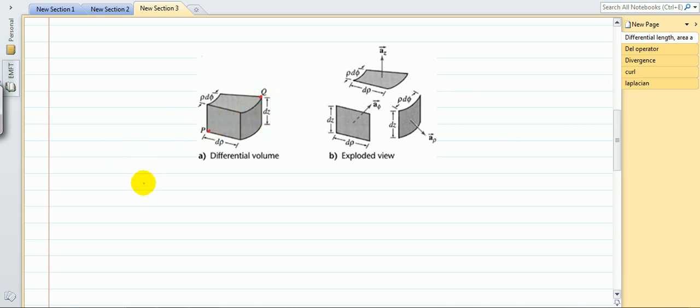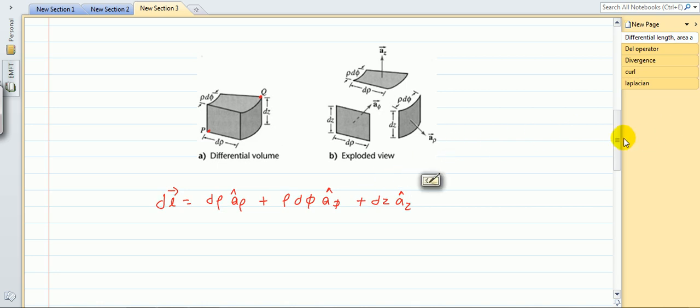So we can write directly the differential length vector: if I'm moving in the rho direction, it will be d rho a rho cap. If I'm moving in the phi direction, rho will be constant and it will be rho d phi a phi cap. As it is a length, rho is multiplied with d phi, and in the z direction it will be dz az cap. So this is the differential length in the cylindrical coordinate system.